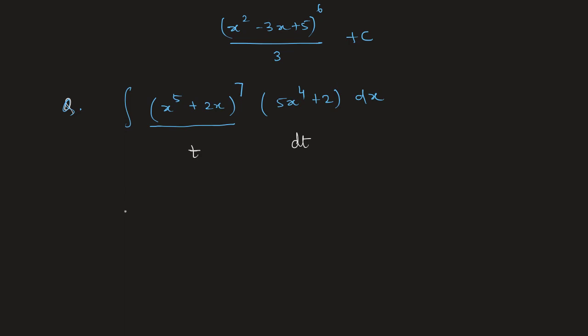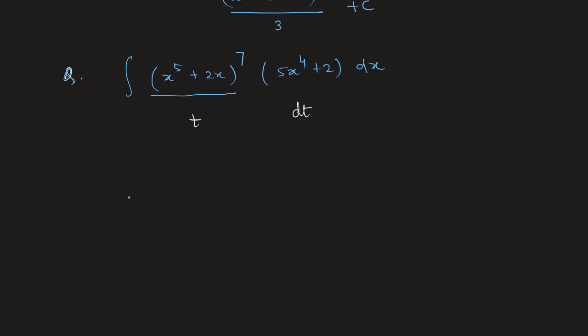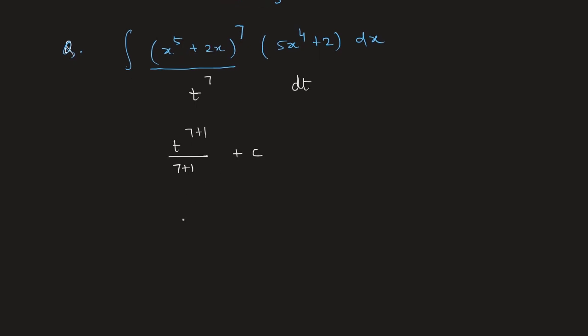So simply consider this function as your t and integrate this part. We know integration of t to the power 7 is t to the power 7 plus 1 whole divided by 7 plus 1 plus c. So we'll get t to the power 8 whole divided by 8 plus c.